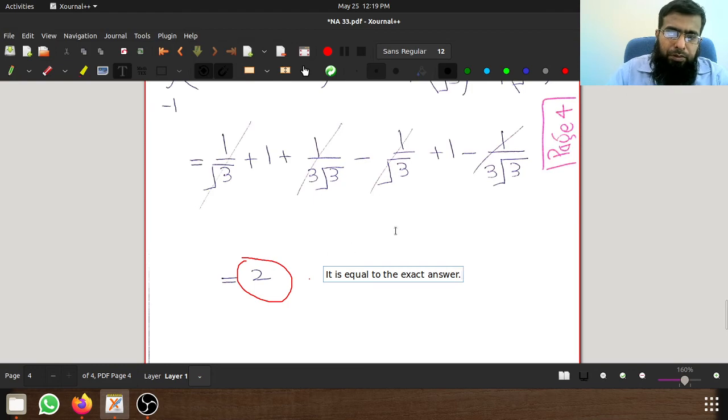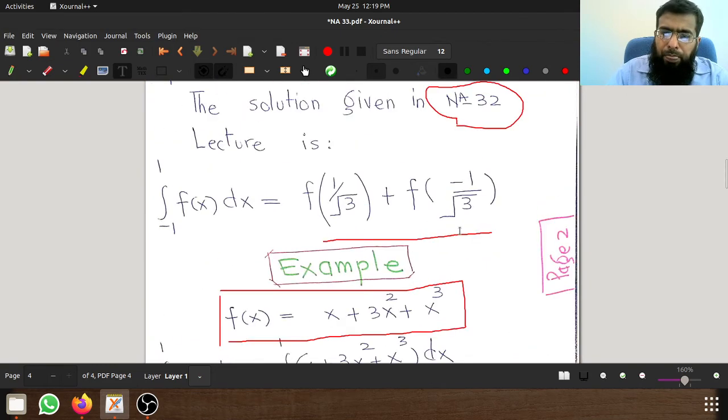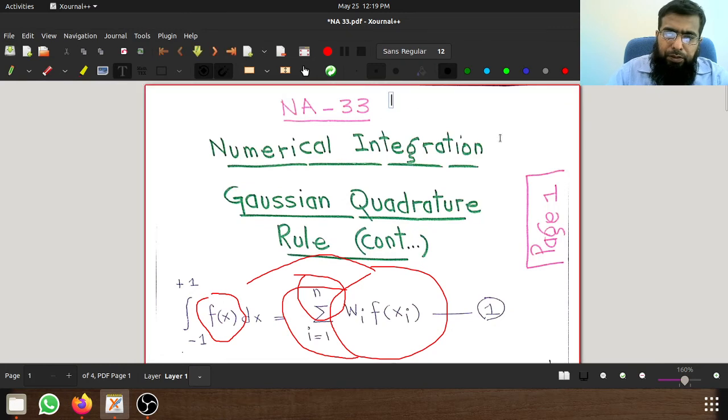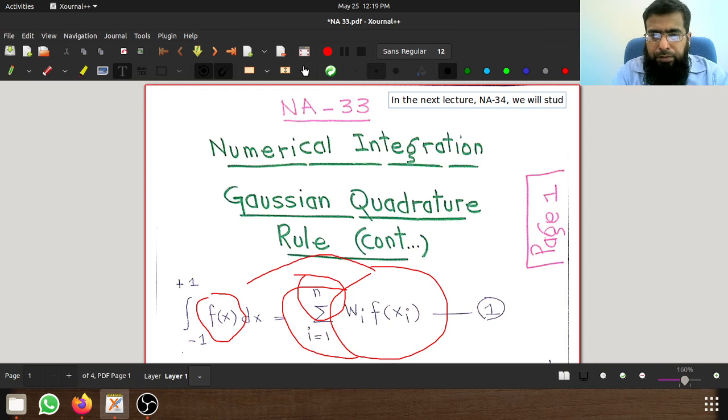Right, so that's all for this lecture, and in the next lecture, NA-34, we will study how to solve definite integrals if the limits are not from -1 to 1, they are other than this range.